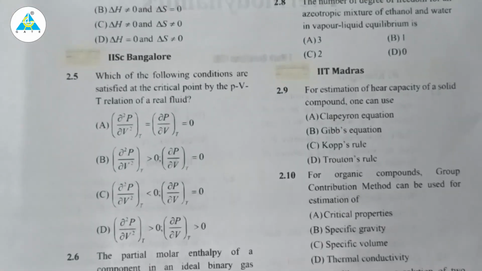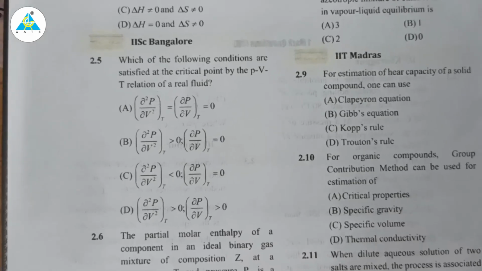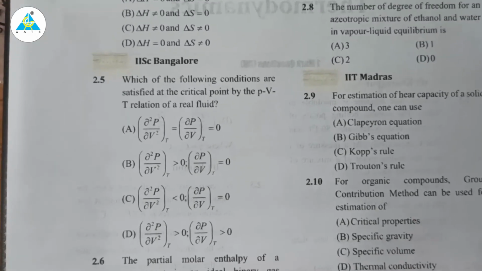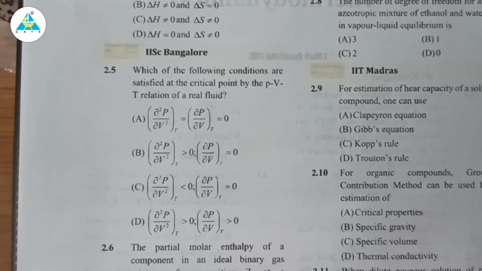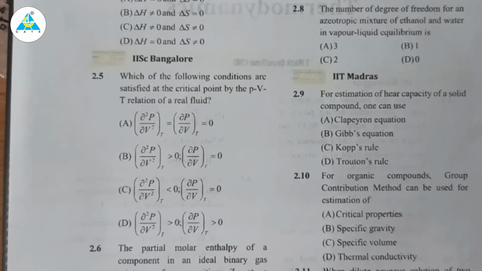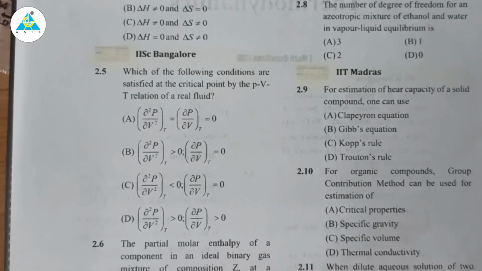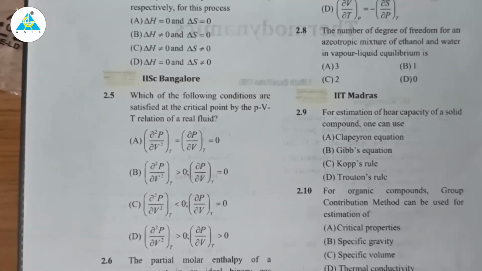What is the speciality of the critical point? As we already explained in detail, at the critical point it is an inflection point. So both your first derivative and second derivative will be equal to 0. So dou square P by dou V square and dou P by dou V at constant temperature will be equal to 0. I hope you understood this.